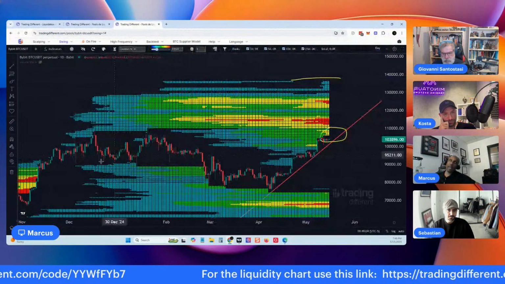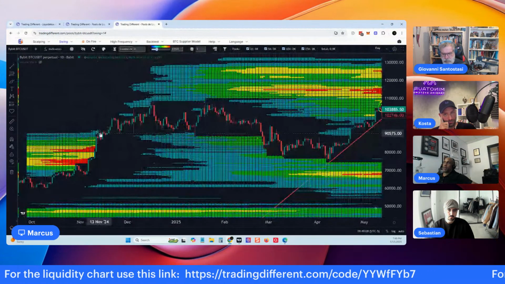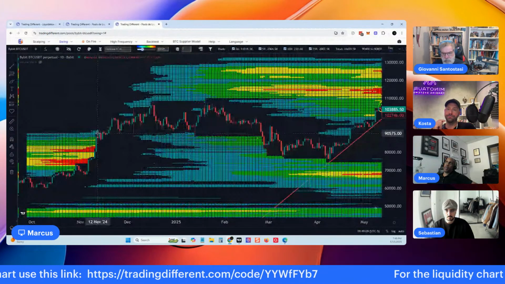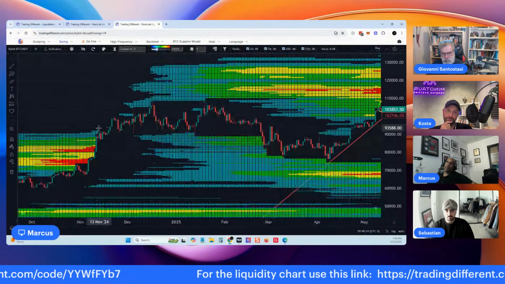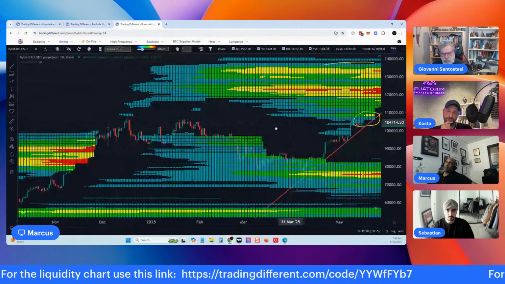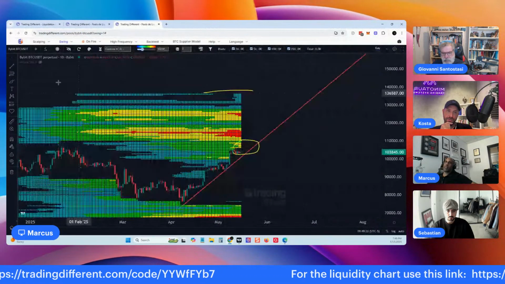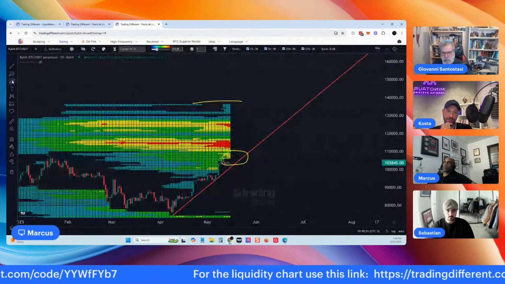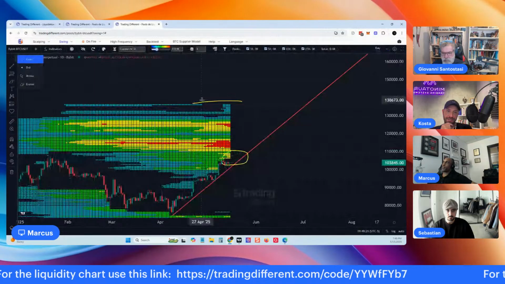And then just to get an idea of how far it can go past the pool, when we liquidated the last event in November 2024, we went up an additional 20%. So when we liquidate this pool, that gets us to maybe potentially 170, 180.